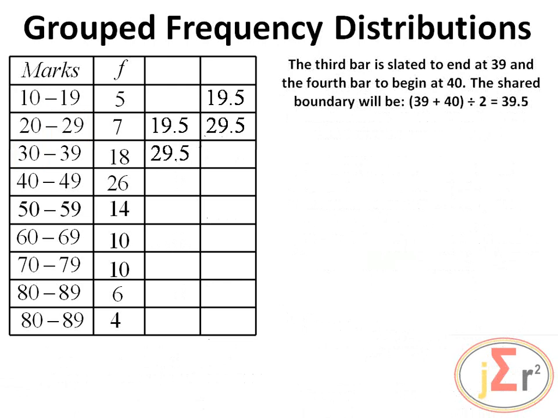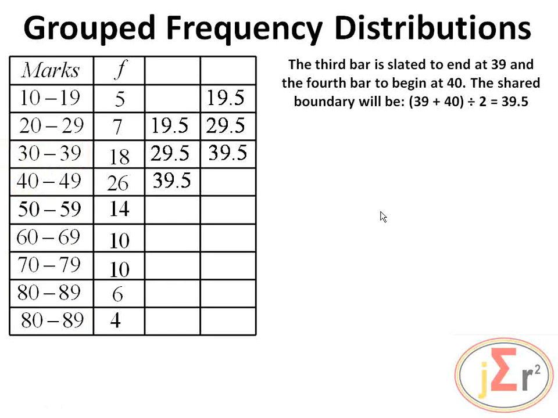So the third bar is slated to end at 39. Here, it is ending at 39, and the fourth bar to begin at 40. So this one ends at 39, this one begins at 40. So what do we do? We join halfway, 39.5, to end the third bar, and 39.5 to begin, of course, the fourth bar.